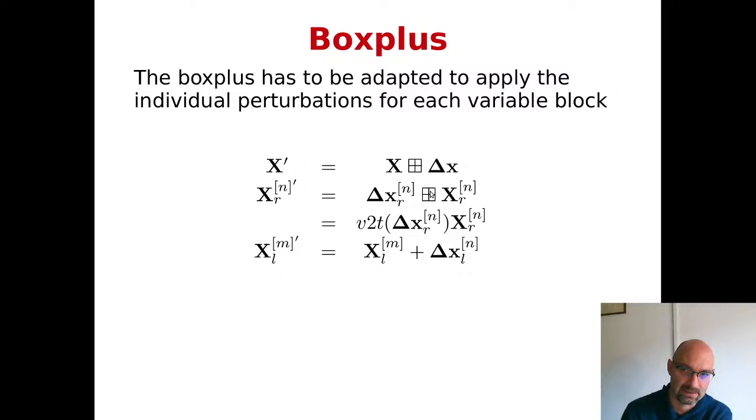There is a mistake in this line. But anyway, I take the robot position and I compound it with the perturbation using the classical V2T that we have seen a million times so far. And I do the same for the landmark, only, the landmark being a Euclidean measurement, a vector in 3D, I just sum it up. Is that clear? Yes or no? Okay.